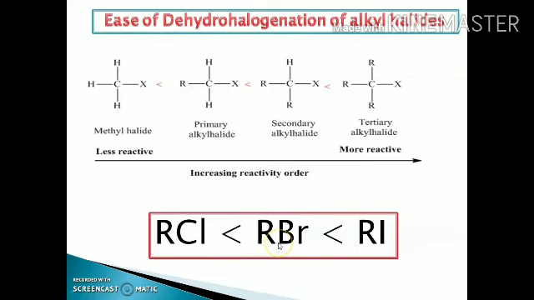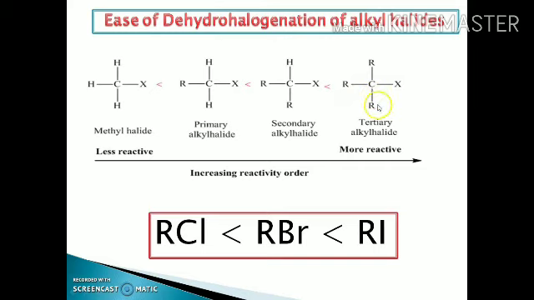Now, the ease of dehydrohalogenation of different alkyl halides: tertiary alkyl halides are more reactive towards dehydrohalogenation reactions in comparison to secondary alkyl halides, and secondary alkyl halides are more reactive in comparison to primary halides. This trend can be explained on the basis of the inductive effect, as alkyl groups are electron donating groups and produce a positive inductive effect.